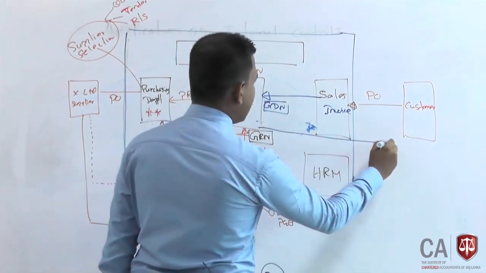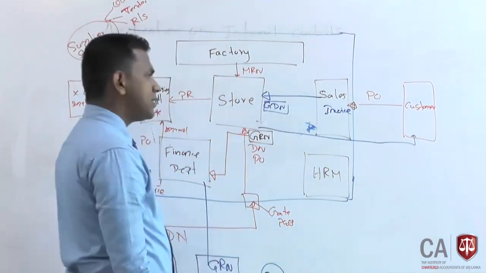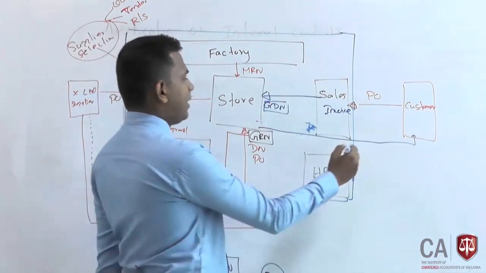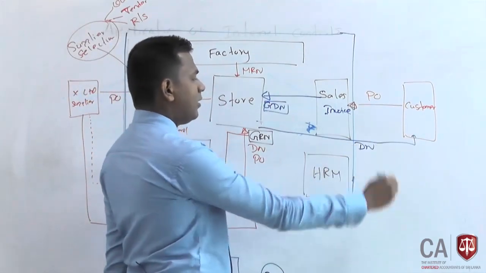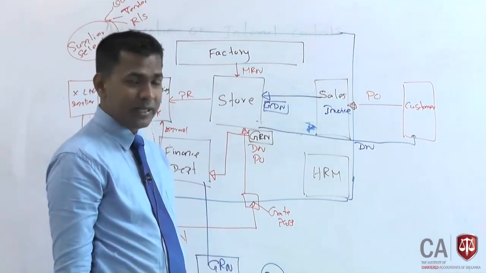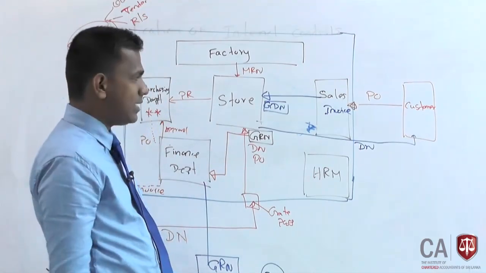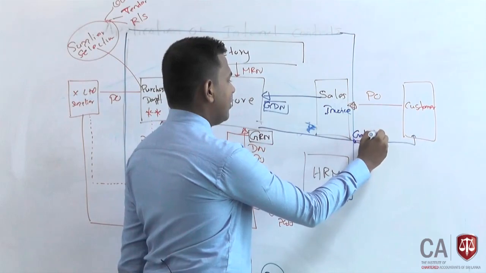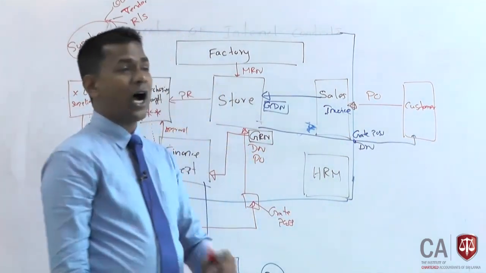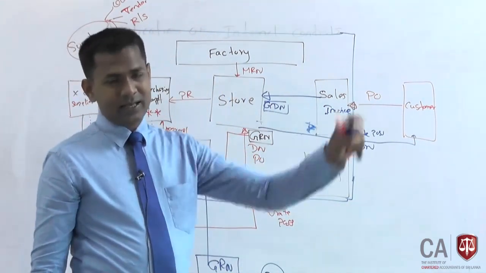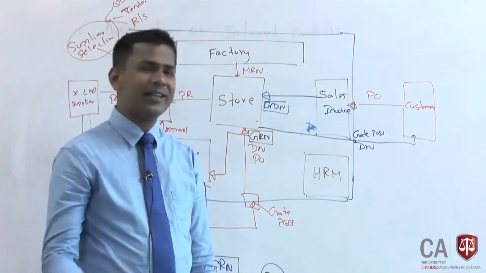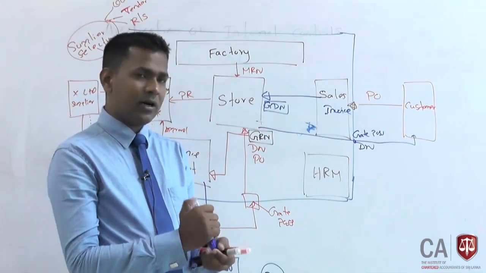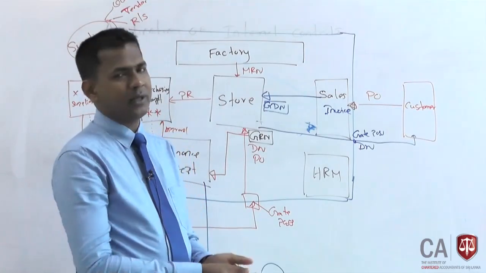Then the goods will go to the customer. When the goods are going to the customer, similar things will happen. They will go with the delivery note, on the other side of this process. In the same way, a gate pass should be raised when you are taking certain items out of your company premises. You need to get the gate pass approved, otherwise the security will not allow you to take the goods out of the company premises.